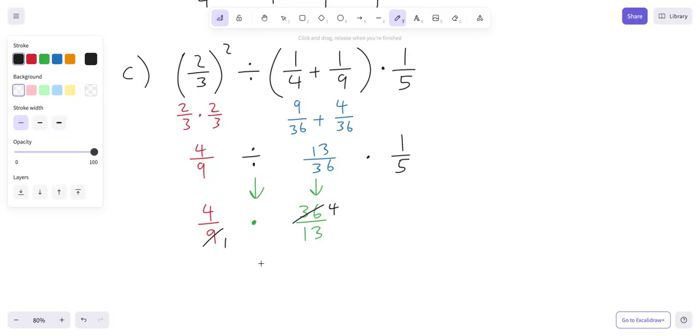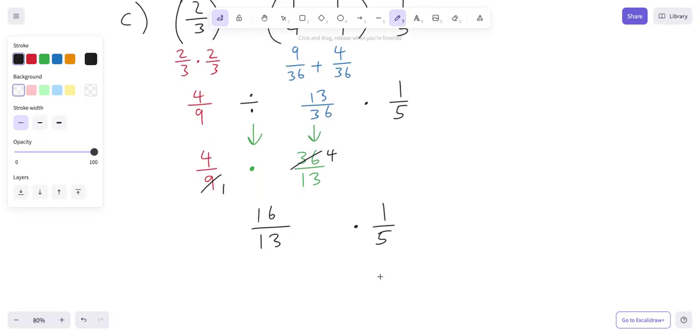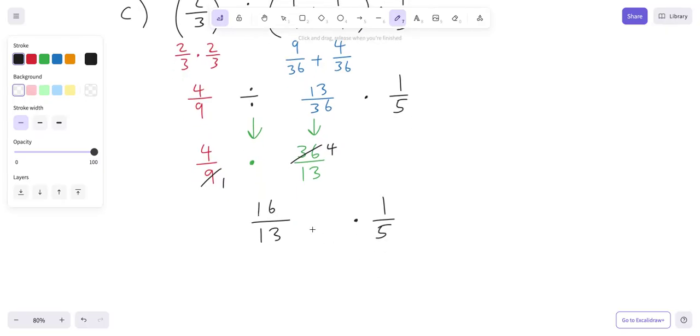Multiply across, 4 times 4 is 16, over 1 times 13 is 13. Times 1/5. And can I simplify? No. 16 times 1 is 16. 13 times 5 is 65. I don't think that can be simplified.